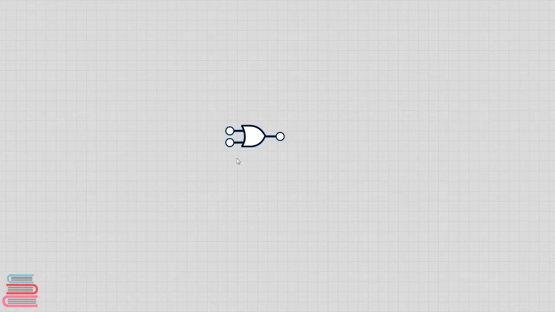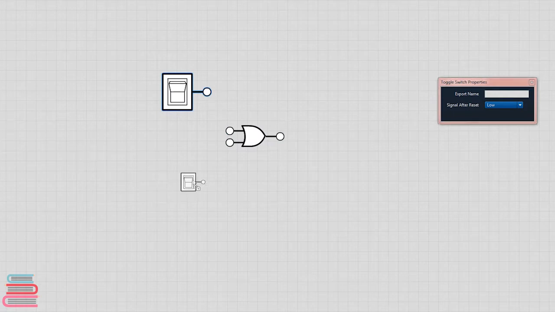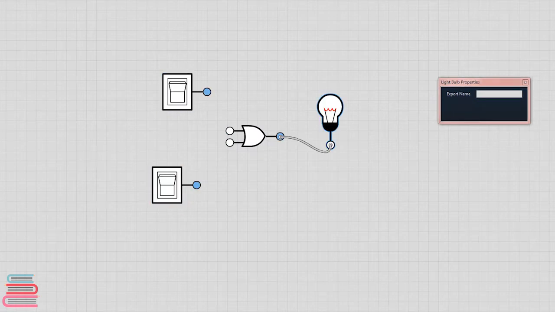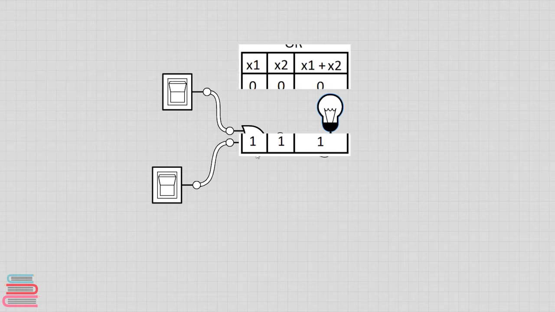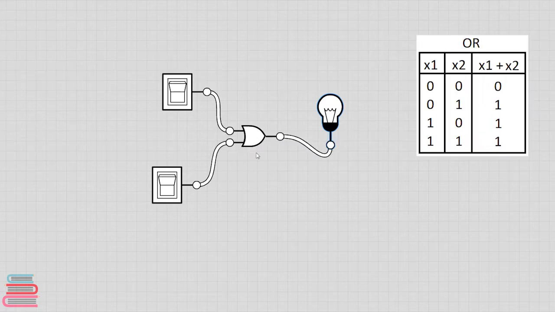I have an OR gate here and 2 switches again. I'm connecting the light bulb with the output of the gate and the switches to both the inputs of the OR gate. Now both the switches are turned off, so the bulb doesn't glow.